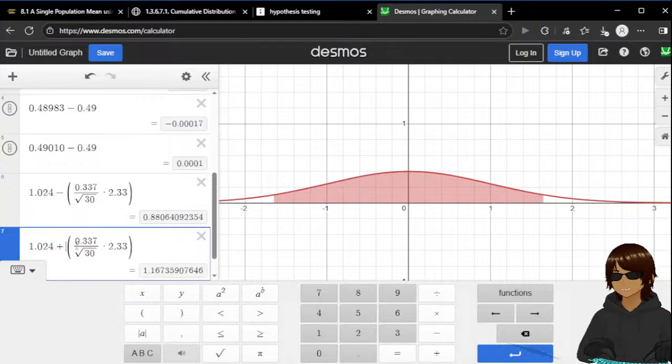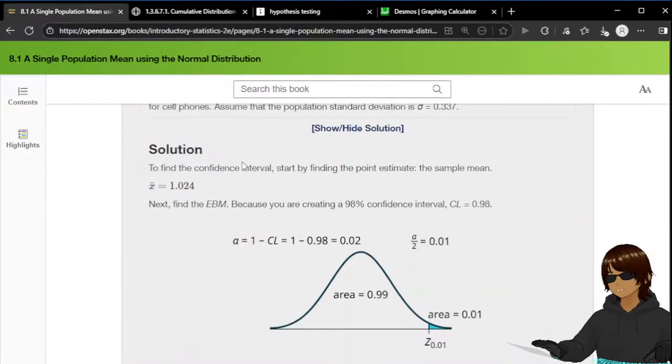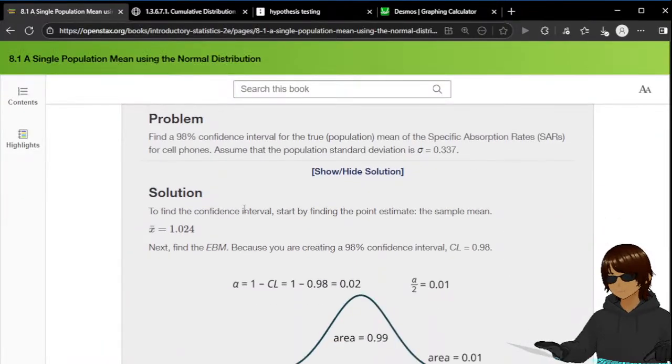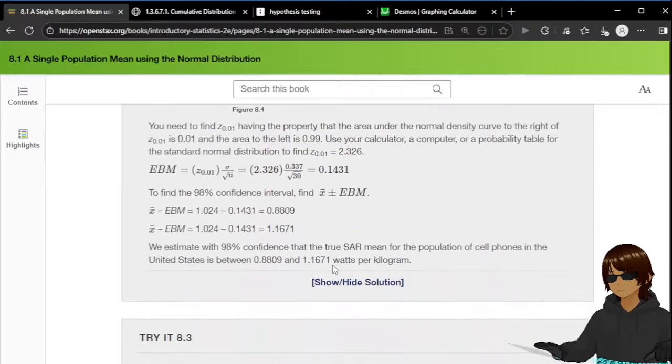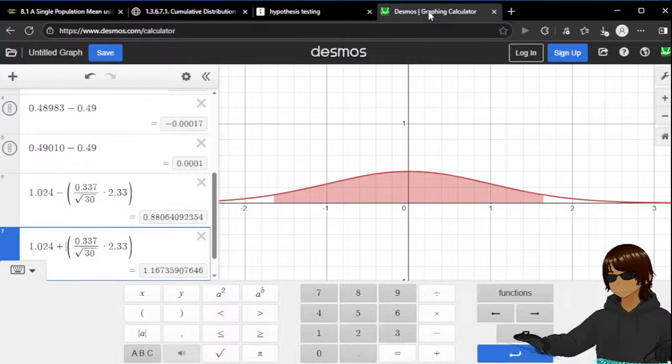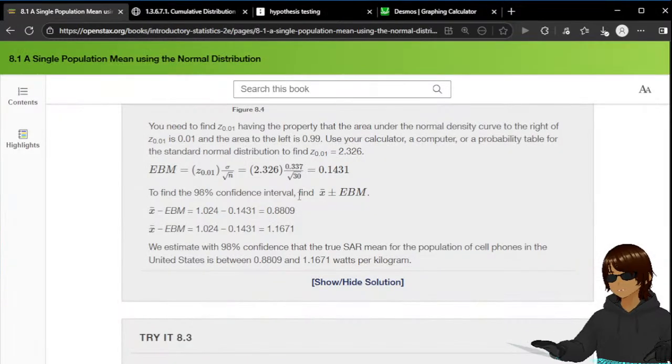And then this. So I think this is the interval, right? Then 98% of the phones. 0.8809, 1.167.